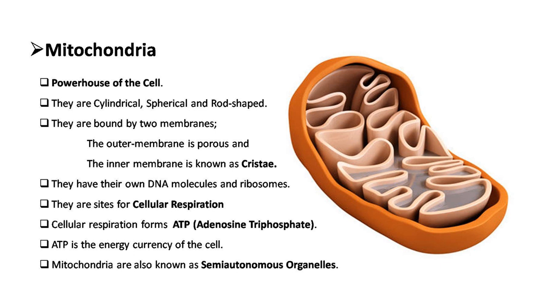Cellular respiration releases energy which is used in the formation of ATP, that is adenosine triphosphate. ATP is the energy currency of the cell, that is, the cell's fuel. The energy stored in ATP is then used by the cell.